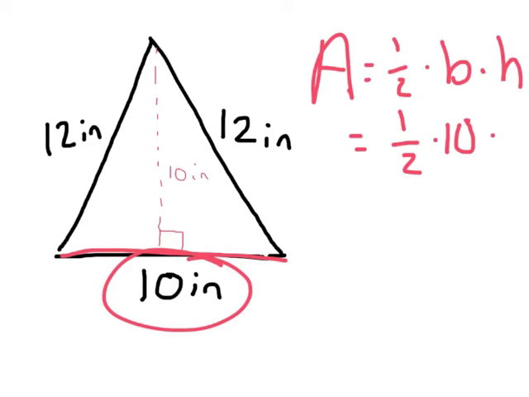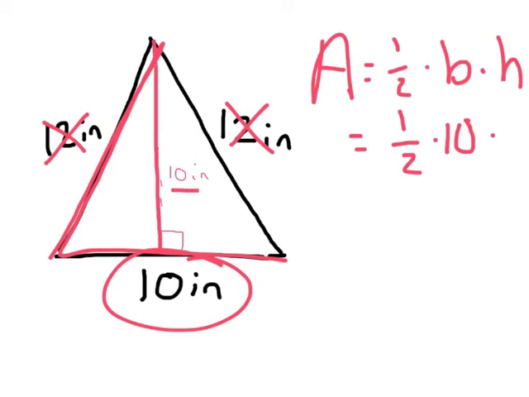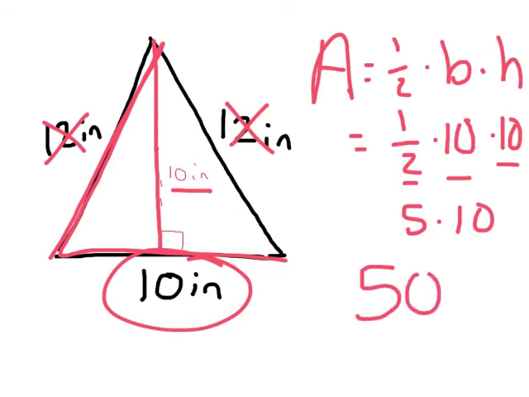Which one do you think it's going to be? Well, it's not going to be these 12s. They're not straight up and down. Those are the slanted lengths of the triangle. What we need is that straight up and down distance of 10. So now we have 1/2 times 10 is 5 times this last 10, giving us a total area of 50 inches squared.